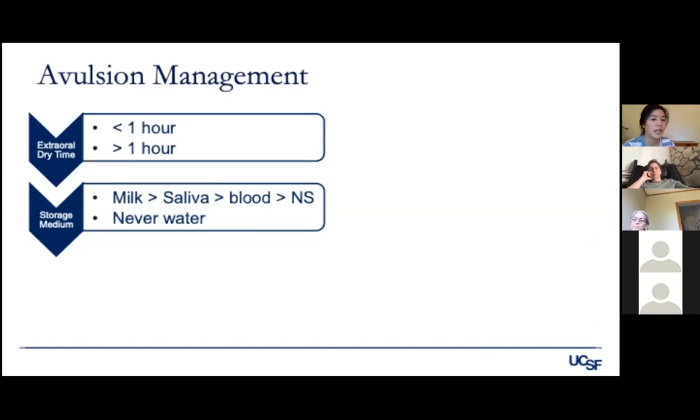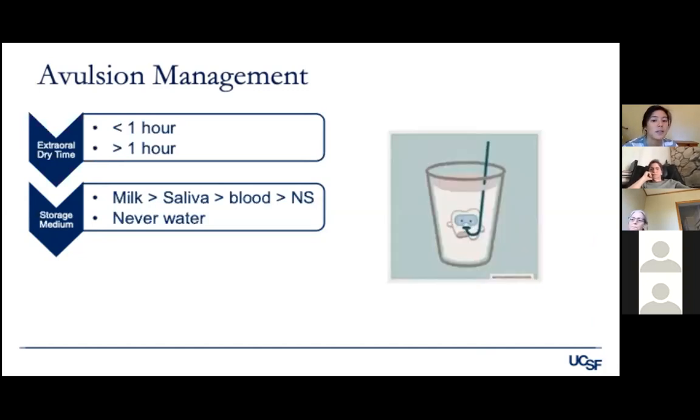And the reason we like milk is because it has a lot of ions, it has proteins, and it just buys a little bit more time to make that tooth a little happier before the dentist comes in. If we place it in water, it's not isotonic fluid, and so it will pull all of the water out of the cells, and the cells will eventually die.